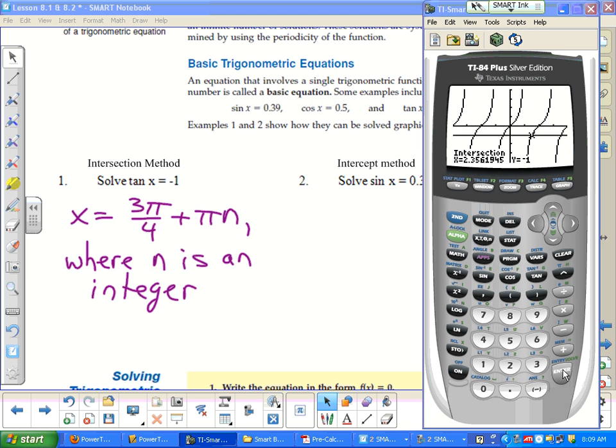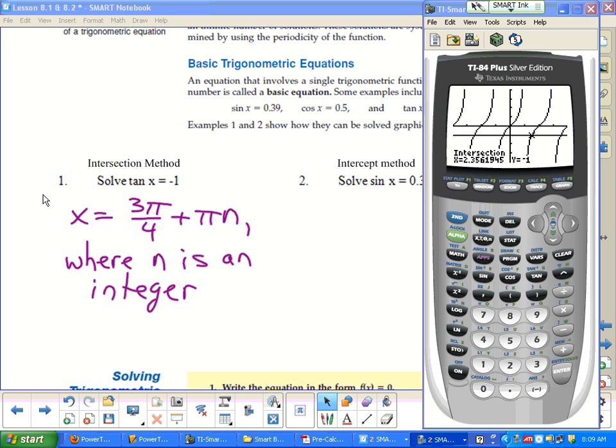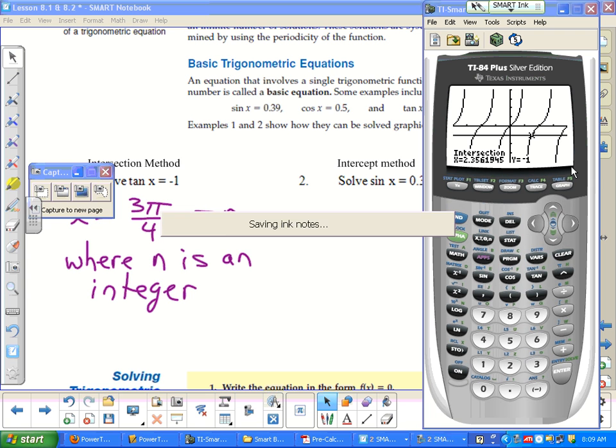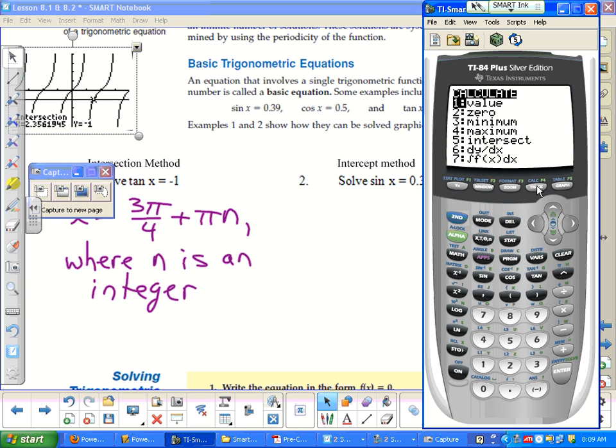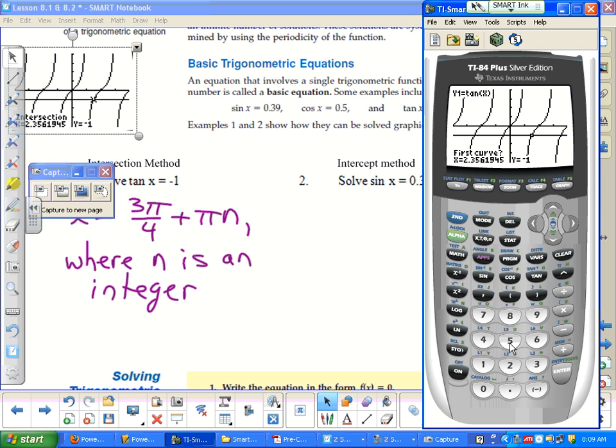Take a picture of this. Okay, so that intersection is at 2.356. If we go to the next one, let's check to make sure that is a difference of pi.